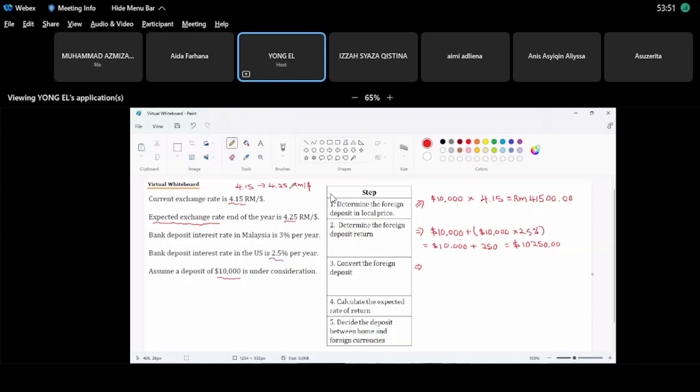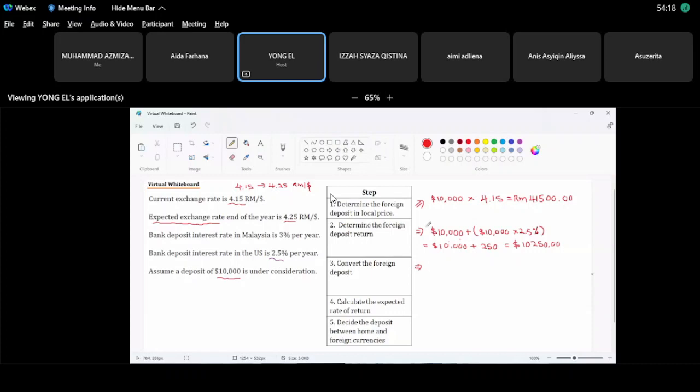That means Malaysian ringgit depreciates against US dollar. Yeah, right. This is a depreciation. If you say depreciation, congratulations, you got that correct. Now, our expectation here is that the exchange rate will depreciate against US dollar, right?